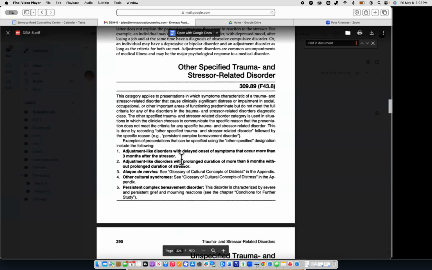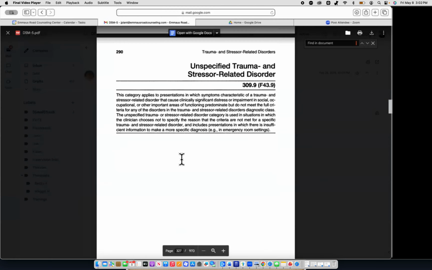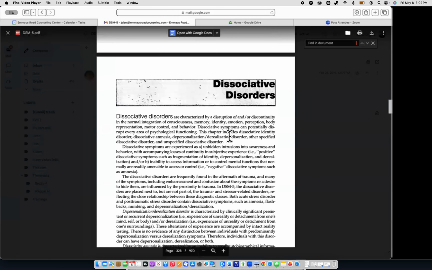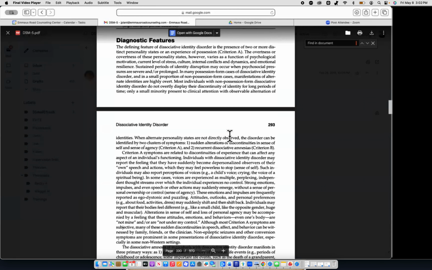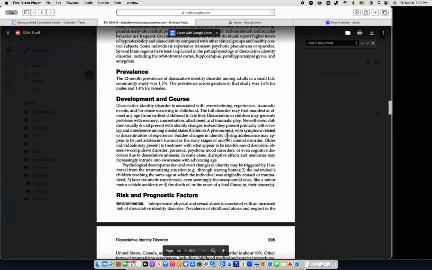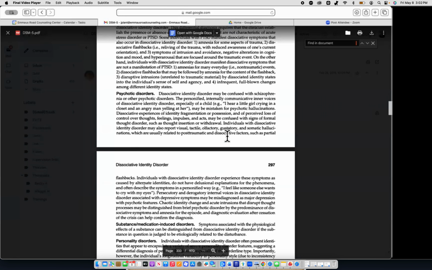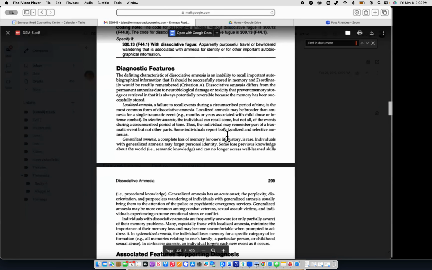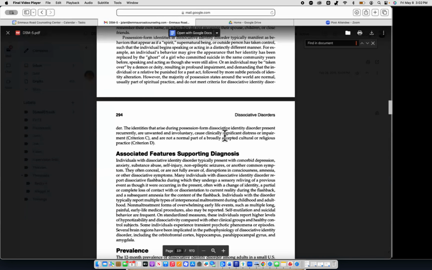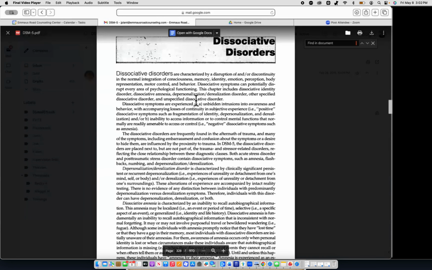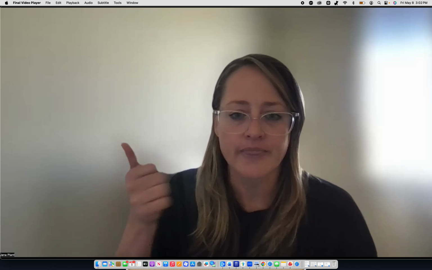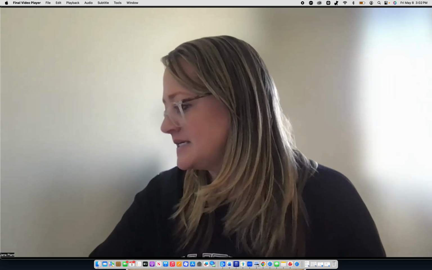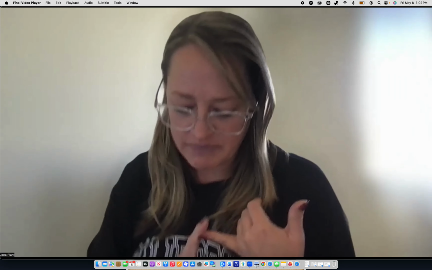Going down, let's see, I think I covered, and then we're not going to use this disorder, unspecified trauma and stress disorder, in this class. We're not going to cover DID. So looking at the ones that we are going to cover, just to recap, we have acute stress disorder, PTSD, and adjustment disorder.